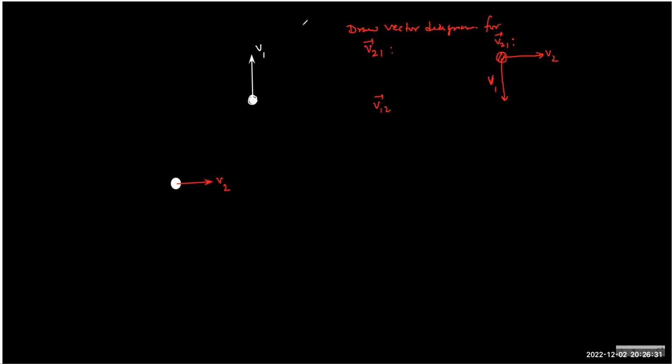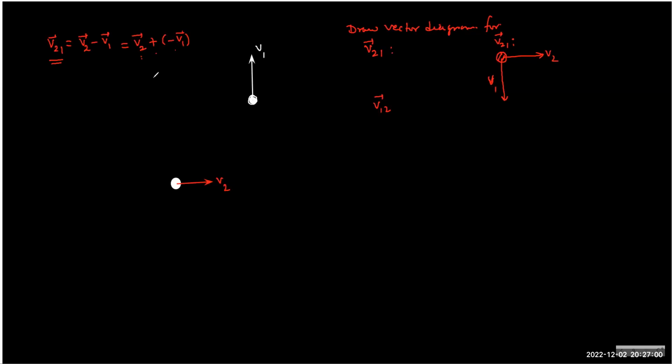So I'll tell you what is the vector meaning of V2 minus V1 as well. It means V2 plus of minus V1, which is the resultant of V2 and opposite of V1. That is the meaning of V21. What is V21 once again? It is the resultant of second vector and inverse, or you can say reverse, of first vector.